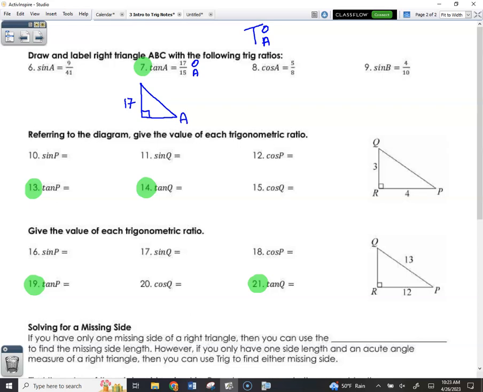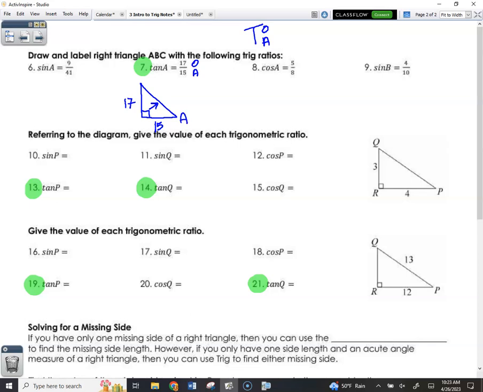So I'm going to go to the side touching angle A, but it's not the hypotenuse, and I'm going to label 15. If you need to label the hypotenuse, or at least draw an arrow to it, you can. Now, if your neighbor put angle A at the top, then their 17 and 15 would be switched, and they would still be correct.